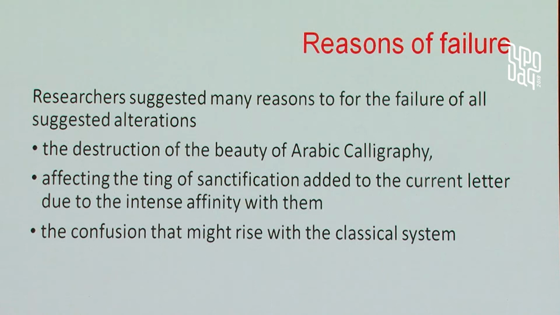It would affect the sanctification attached to the current letters because of their relation to religion, and the confusion that might arise with the classical font. Relating this to the Quran was always the sensitive part. Arabic should be Arabic. This relation made any new change almost very difficult.